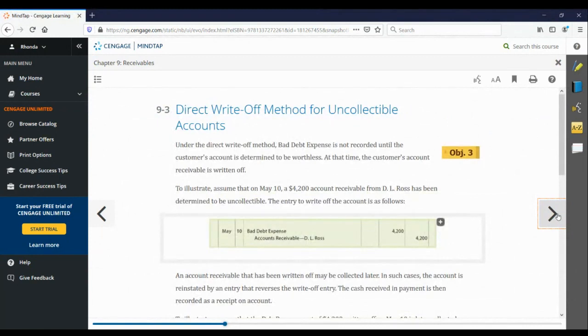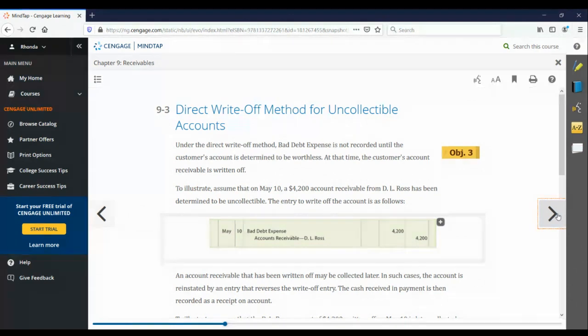So we're going to look at the direct write-off method first because it is the simplest method to be used. And with the direct write-off method, what we do is we establish a bad debt expense when we know for sure that a customer's account is going to become uncollectible. We might be notified by a lawyer that our customer has filed for bankruptcy.